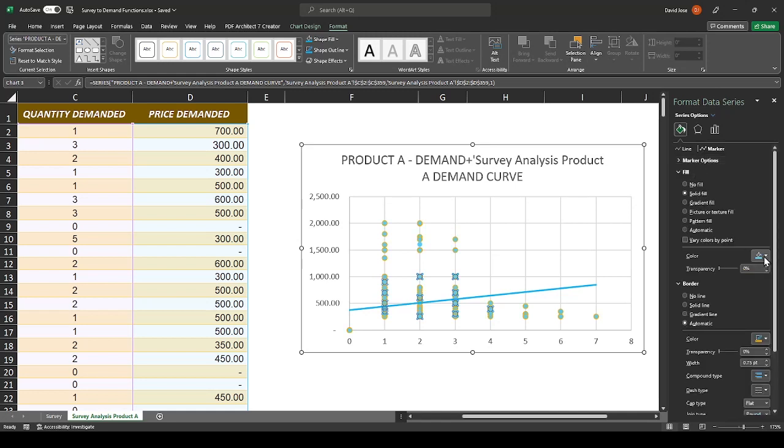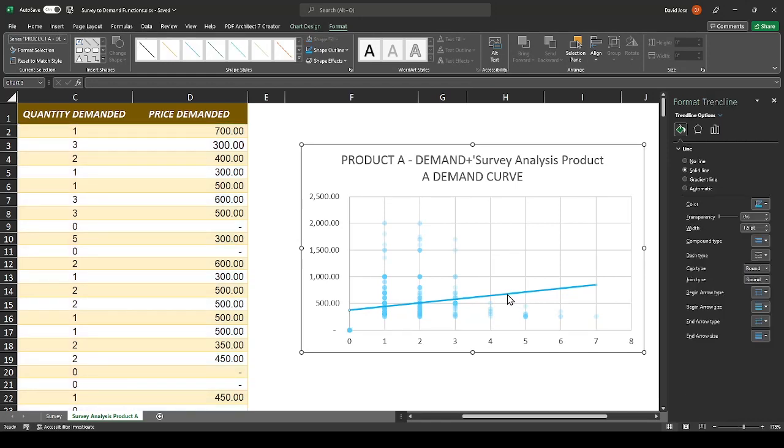So there we have it. Borders, no borders. And then 80% is the transparency. And then let's change this color into a much stronger blue. There we have it.